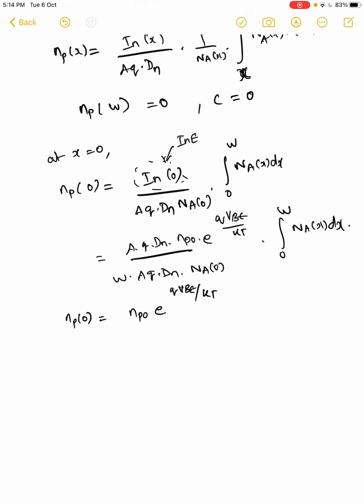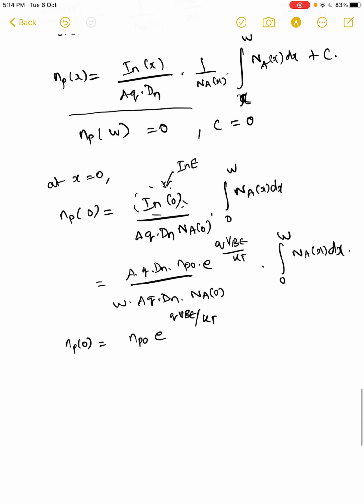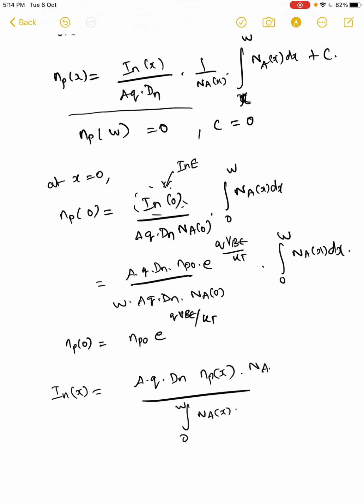Now you can rearrange this expression once again to get INE, which is basically A q Dn Np(x) into Na divided by integral 0 to W Na(x) dx.